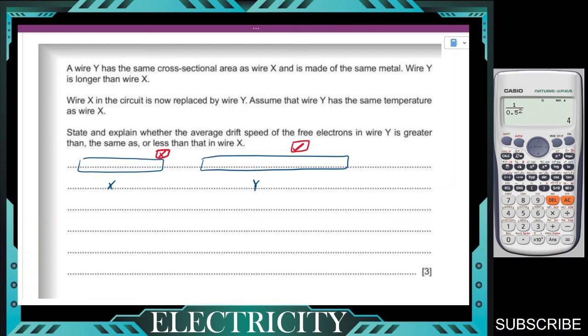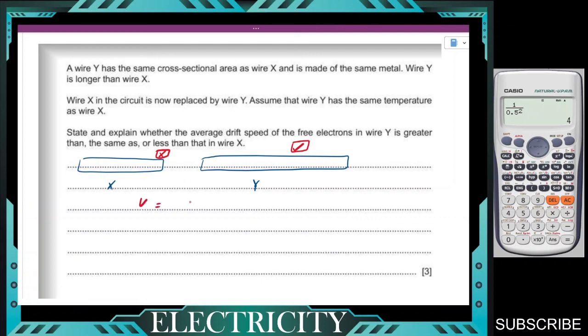If they are made up of the same metal, explain whether the average drift speed of the free electrons in wire Y is greater than or same or less than that in wire X. So we need to comment on the drift speed.